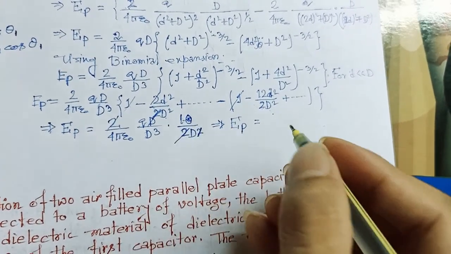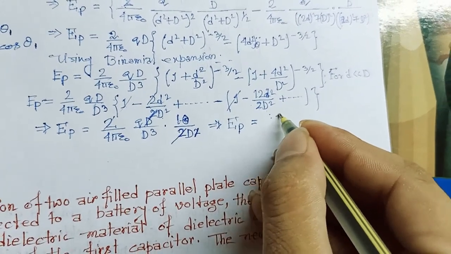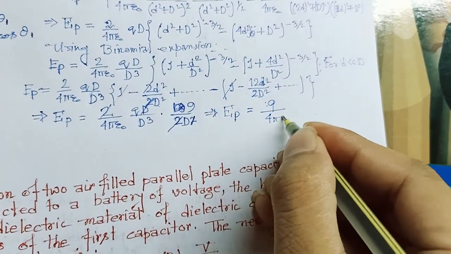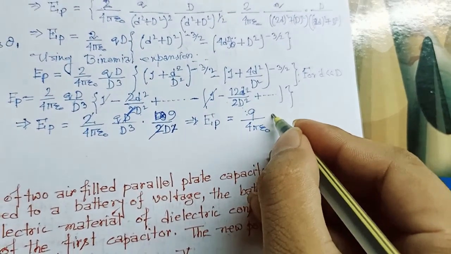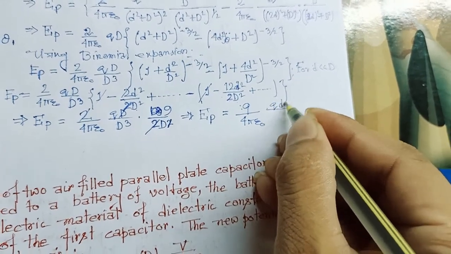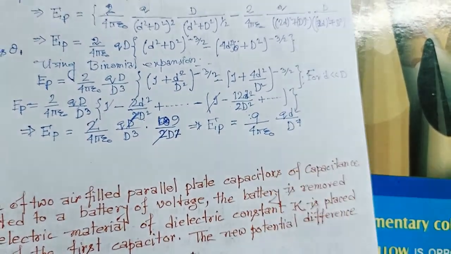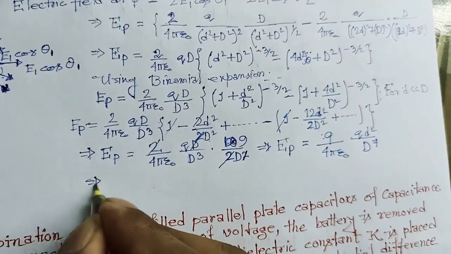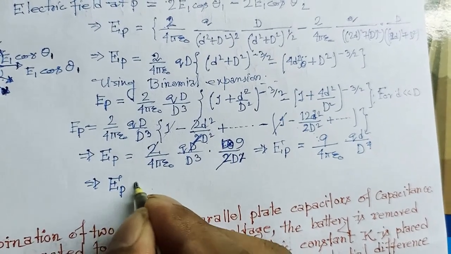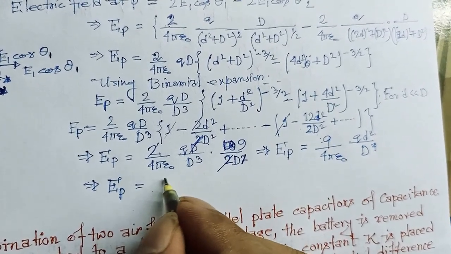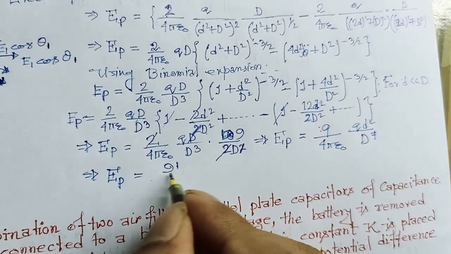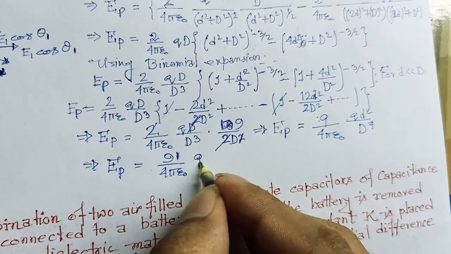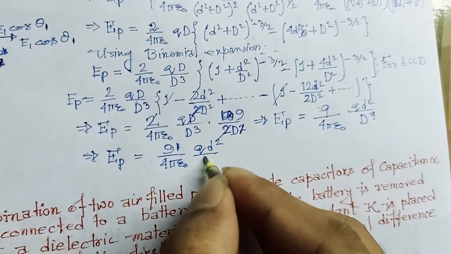After calculating we will get the value 9 divided by 4 pi epsilon naught into Q d square divided by D to the power 4. So we can write the net value of electric field at the point P will be equal to 9 divided by 4 pi epsilon naught into Q d square divided by capital D to the power 4.